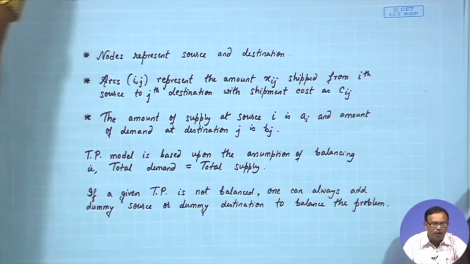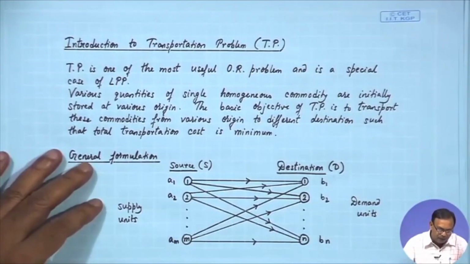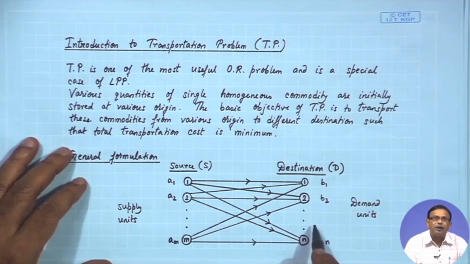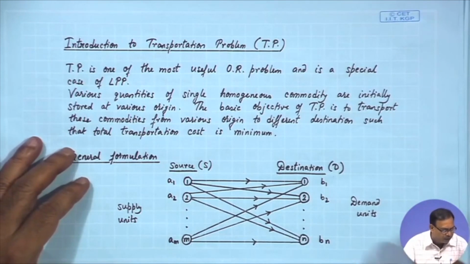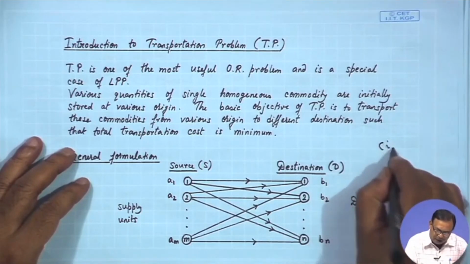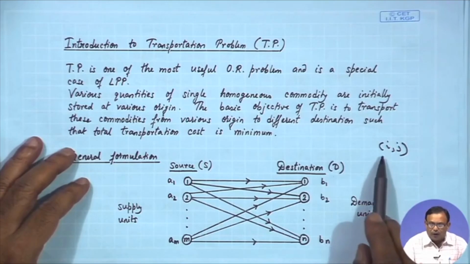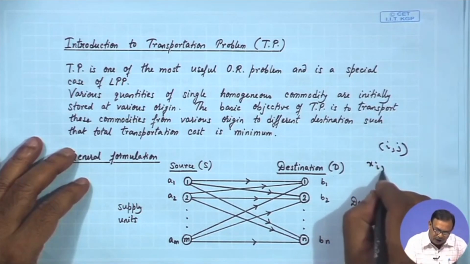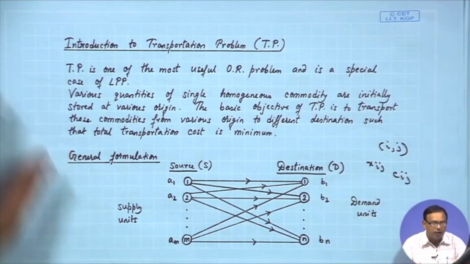So, basically what is happening here, from the ith source I am going to the jth destination. Whenever I go from the ith source to the jth destination, which we say as (i, j), we transport a quantity x_ij and the associated cost will be c_ij.